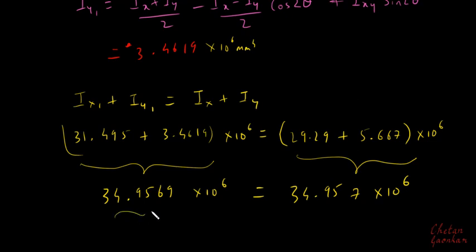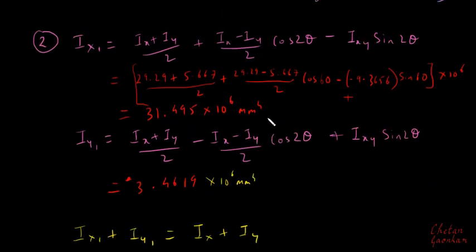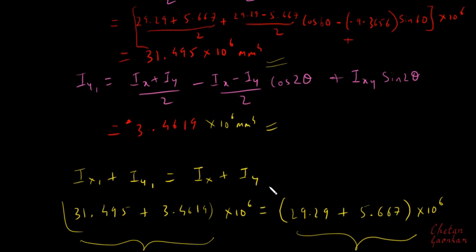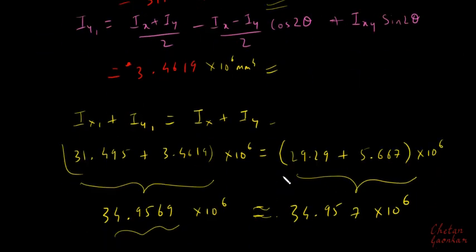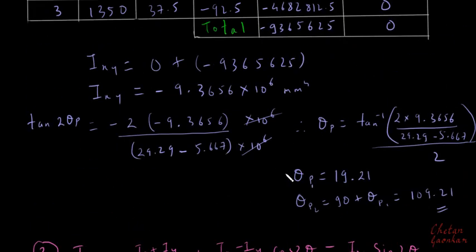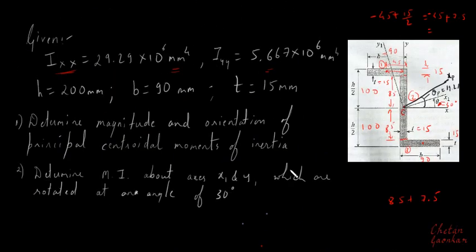So this value is approximately equal to the other. That means whatever values we have found are correct, because we have done the validation of this expression. So this is how we can solve any problem of rotation of axes and principal axes.